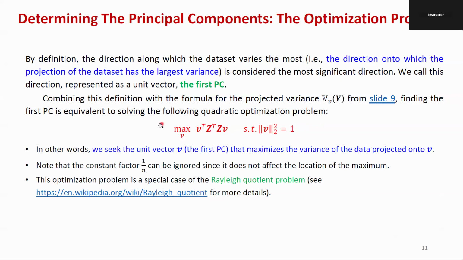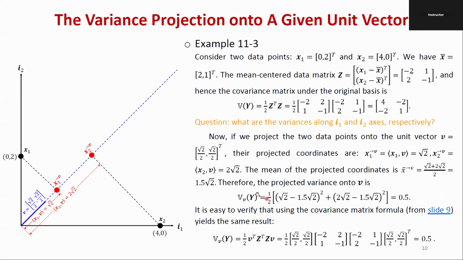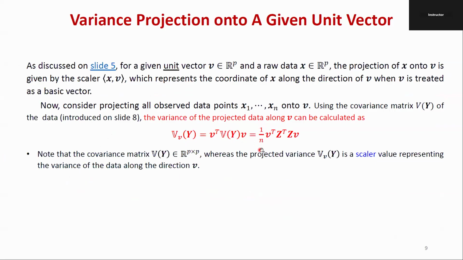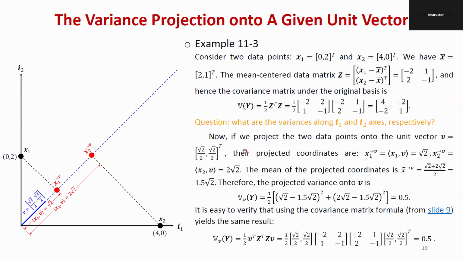In other words, to solve this problem, we seek the unit vector V, which is the first PC, that maximizes the variance of the whole data set projected onto this direction V. V is my decision variable. I want to ask, what is this V? If you compare strictly to this formula, I have a fraction 1 over n.